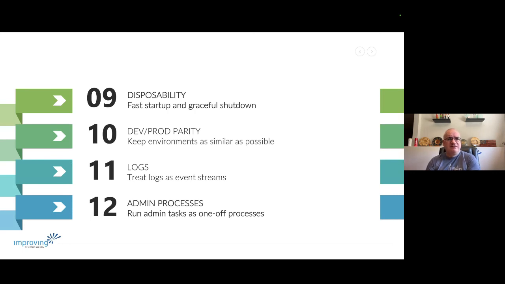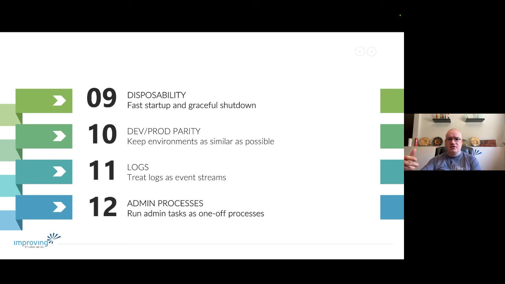And then the final 4 that we'll talk about is factor number 9, which is disposability. And that is we define and we build our apps so that they are very quick to deploy, very quick to spin up, and very graceful when they shut down. They take care of the process, they take care of the resources they're consuming, and they spin them down in a very controlled manner.